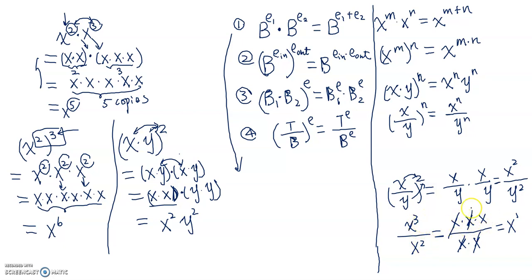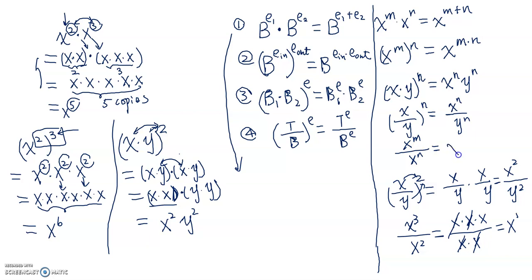And from the process of reducing, we can see the top has 3 copies of x. The bottom has 2. They have 2 copies of x in common. So we are crossing out 2 copies of x from 3 copies of x. So 3 minus 2 gives us 1 copy left. Okay, so the last formula we have, normally we put it as x to the n divided by x to the m.